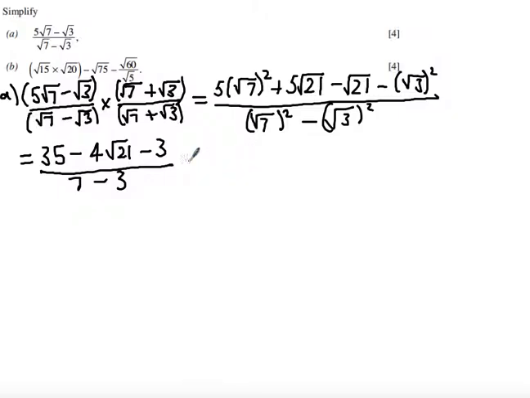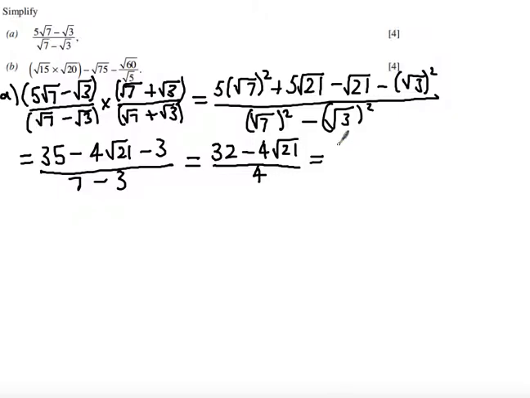Okay, last part almost then. So 35 minus 3 gives me 32, minus 4 root 21, and then 7 minus 3 is 4. And at this point, we can cancel terms top and bottom.